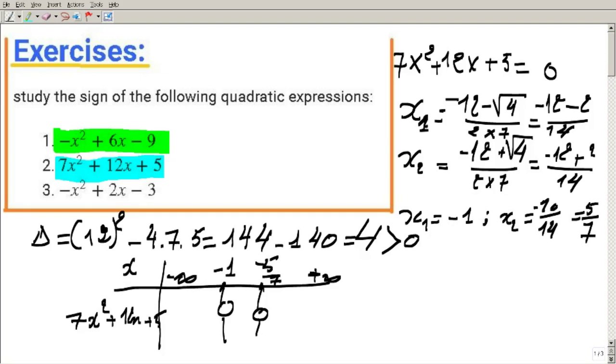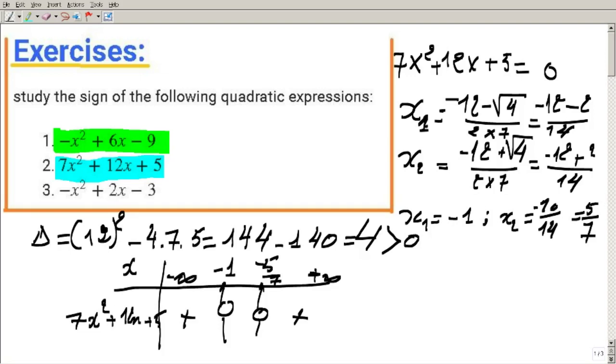We put, on the left or if x is less than minus 1, the sign of the quadratic expression is the sign of 7, which is positive. The same if x is greater than minus 5 over 7.